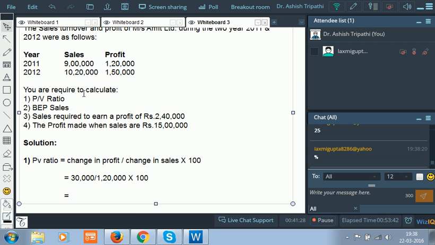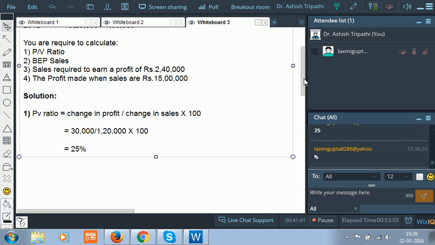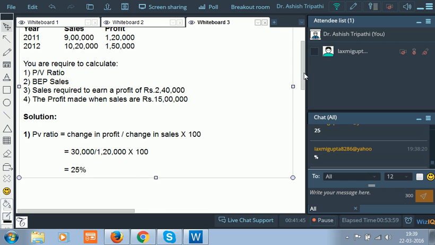So if we calculate this, 30,000 divided by 1,20,000 into 100, you're correct, it's 25%. Excellent. So the PV ratio we got is 25%.